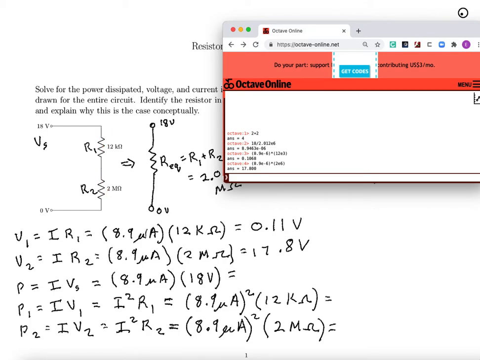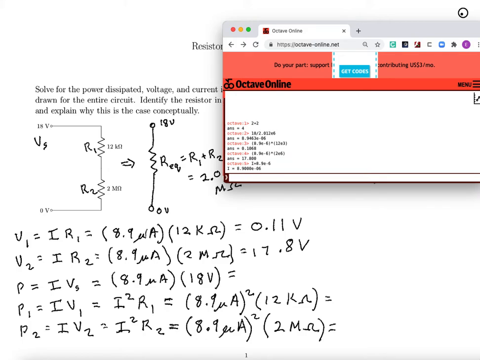Let's do the powers, and I'm going to show you one neat thing about MATLAB or Octave. If we get tired of writing the current all the time, I'll define I to equal 8.9 E minus 6.